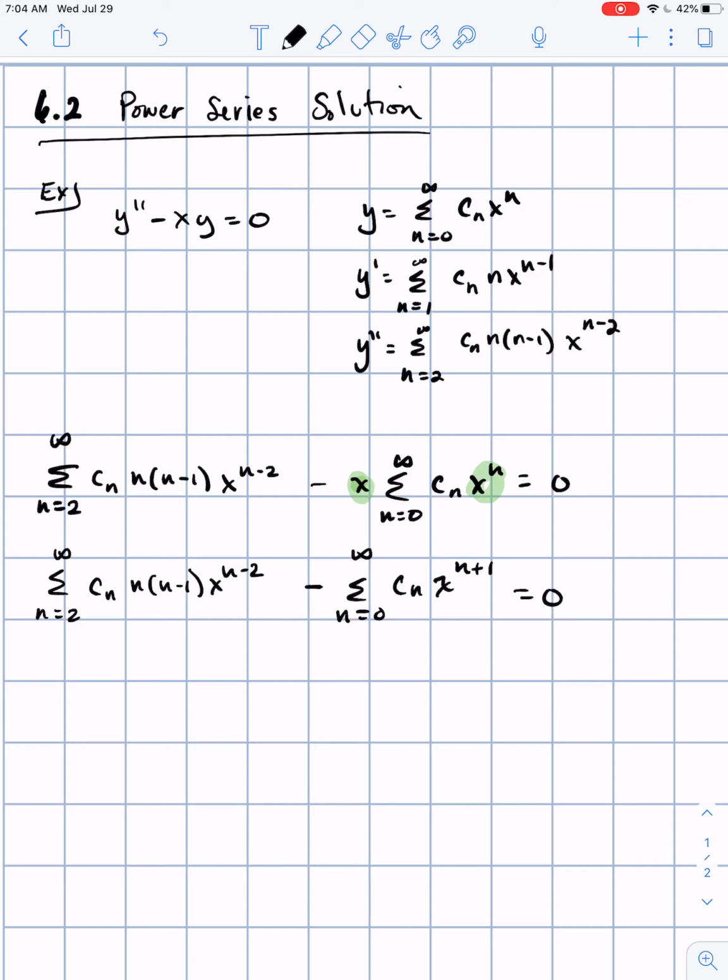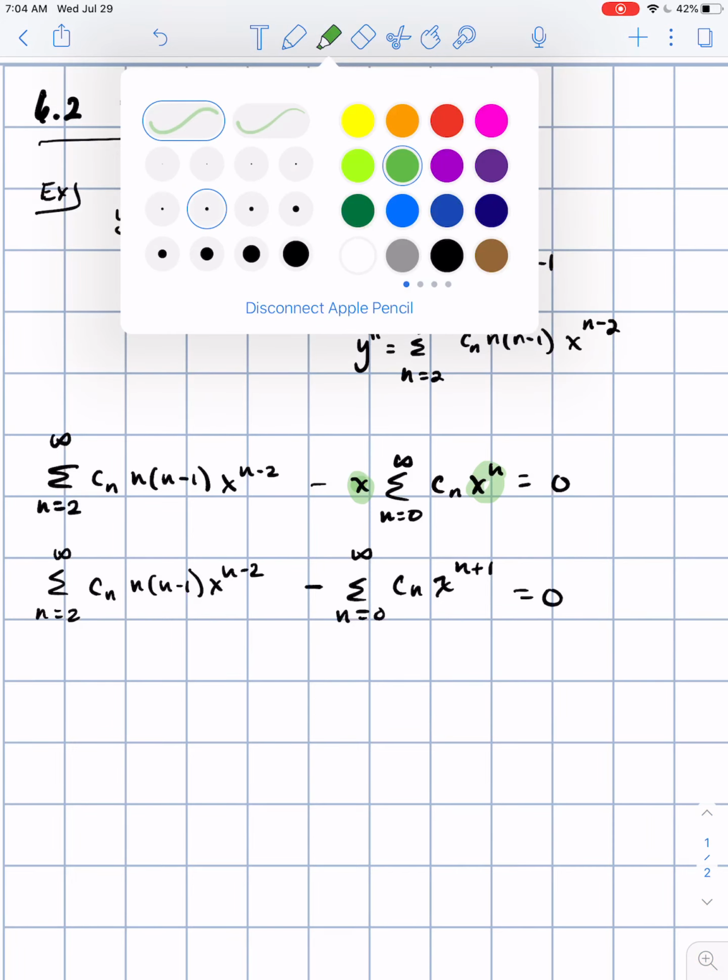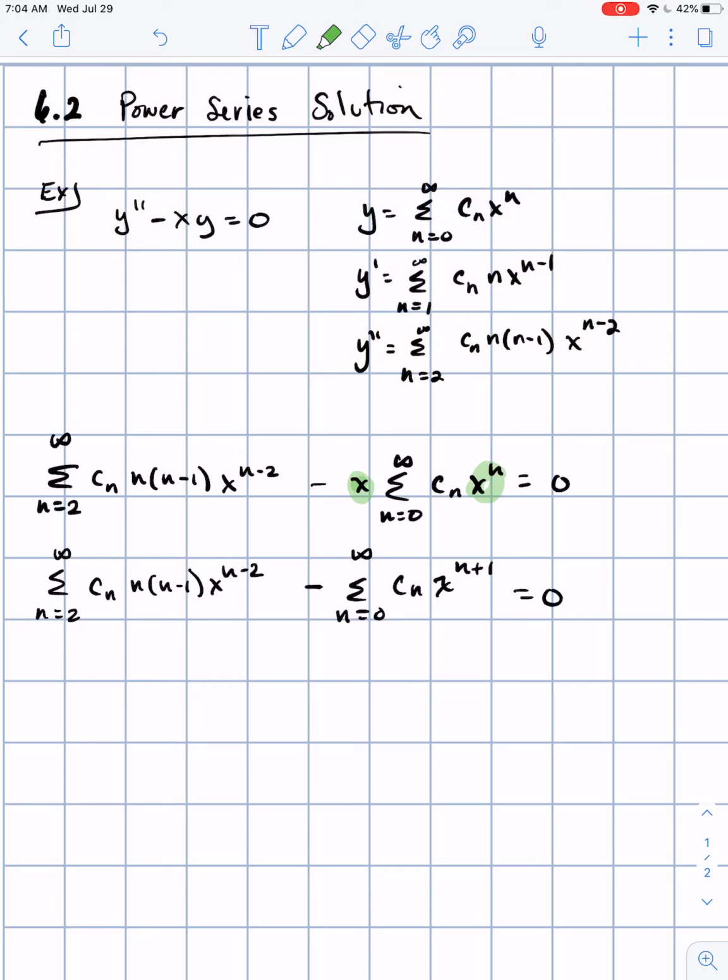So now here we go back to 6.1 where we want to combine both of these together. We want to add these together, or in this case subtract these two series. But a couple things you want to do, you want to make sure you start at the same value.